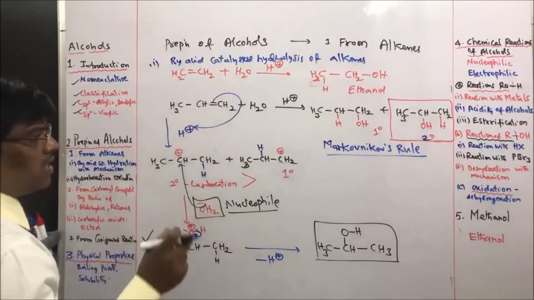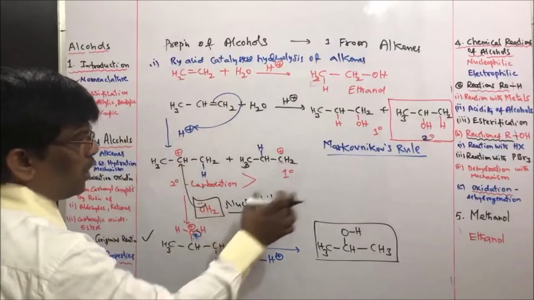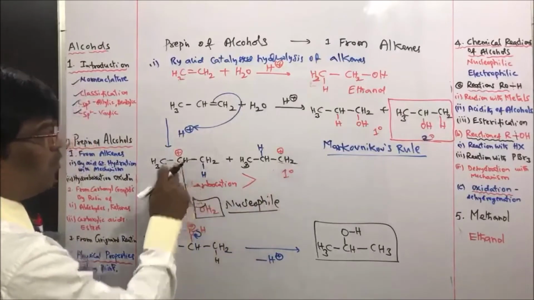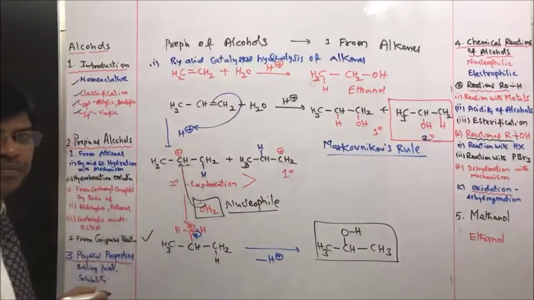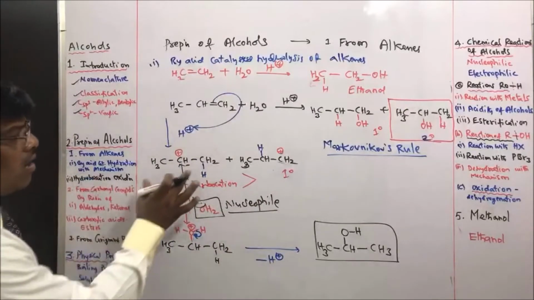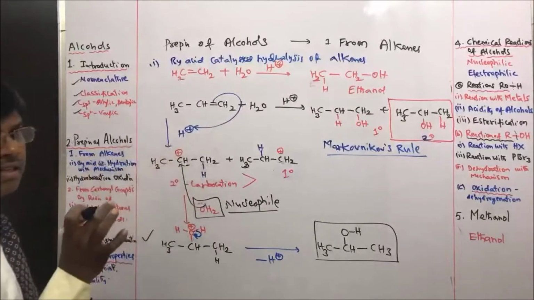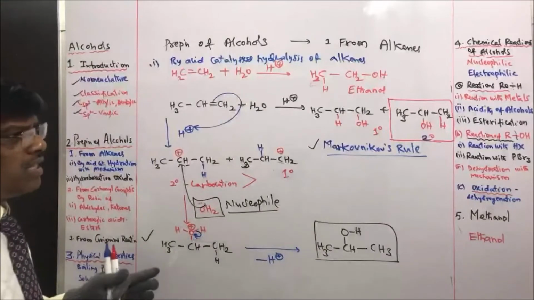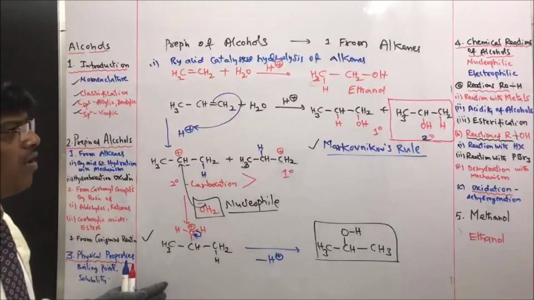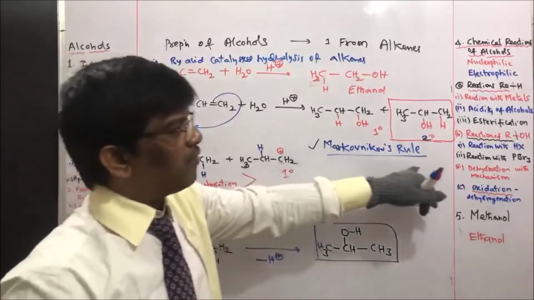Or you can say in other words, the incoming nucleophile adds to the carbon which is less substituted with hydrogen. Less hydrogens or more carbons. That is how Markovnikov's product is obtained. So this is the usual method of preparation of alcohols where you will get Markovnikov's product.